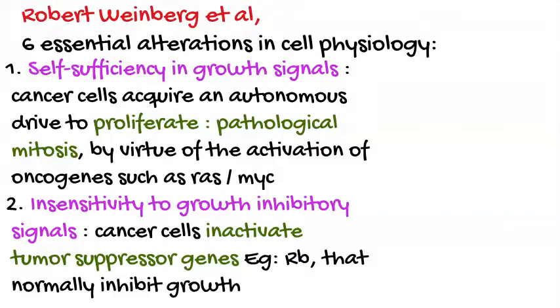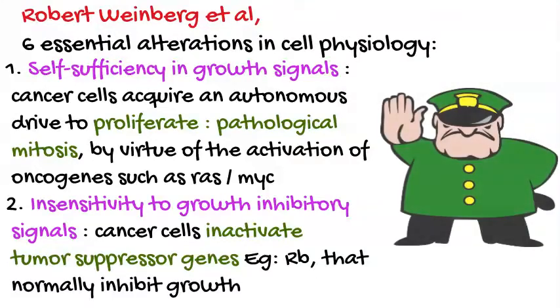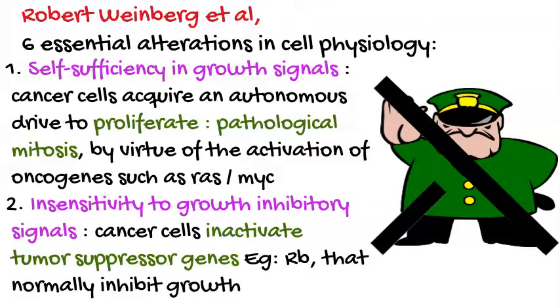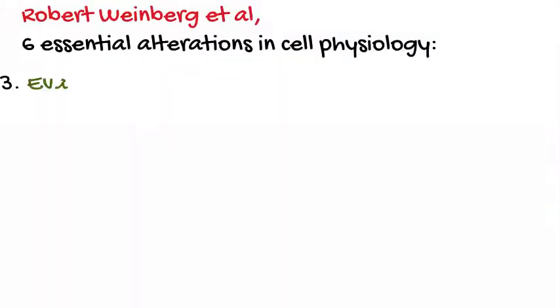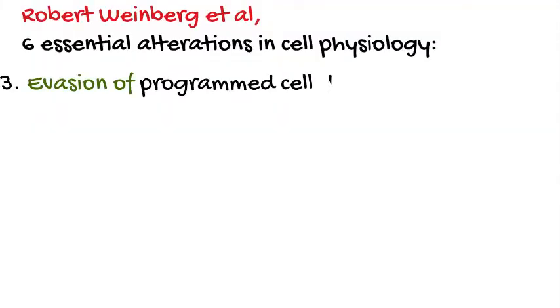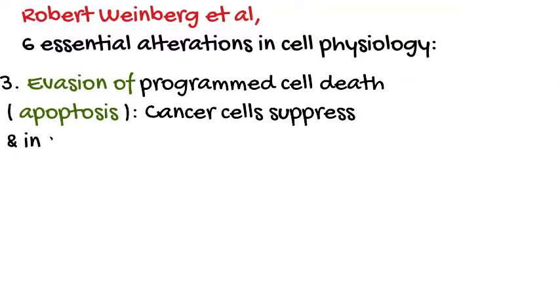Insensitivity to growth inhibitory signals. Cancer cells will inactivate tumor suppressor genes such as RB that normally inhibit growth. Number 3. Cancer cells have evasion of programmed cell death, also known as apoptosis.